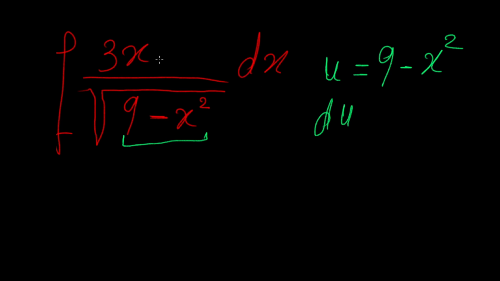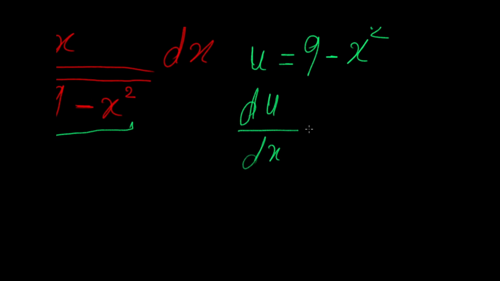When we differentiate, we usually cancel the outside terms, and at the same time we are changing the dx to du, which, as we have said before, we must always have one type of variables inside our integral. So here we have du over dx equal 9 is gone, negative 2 x to the power of 1.